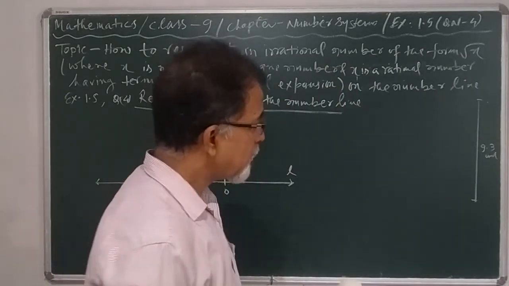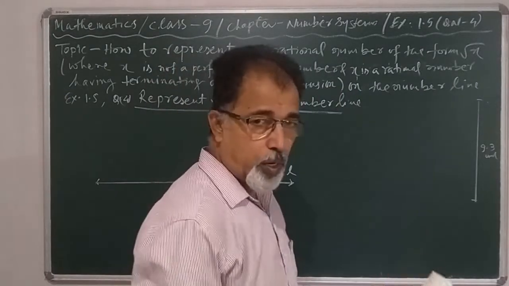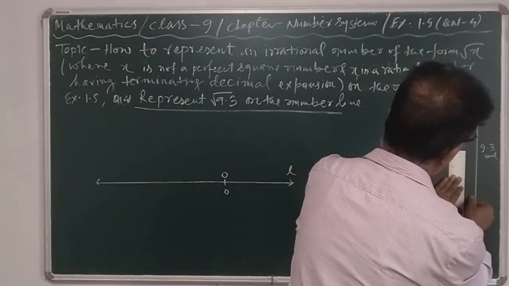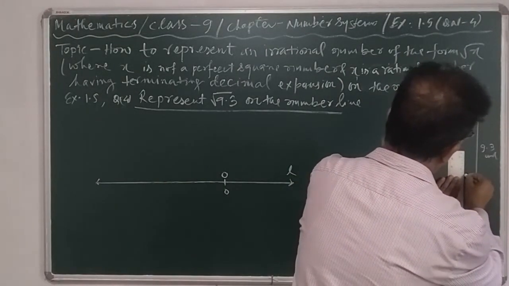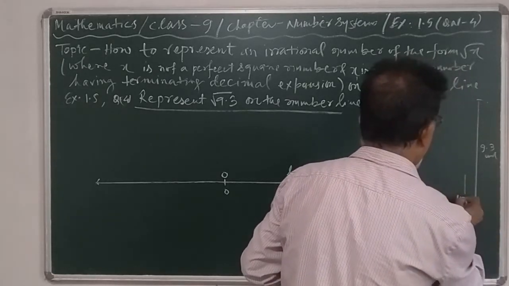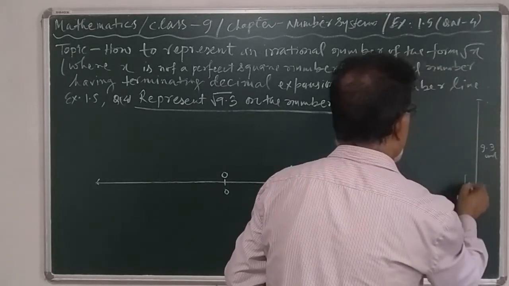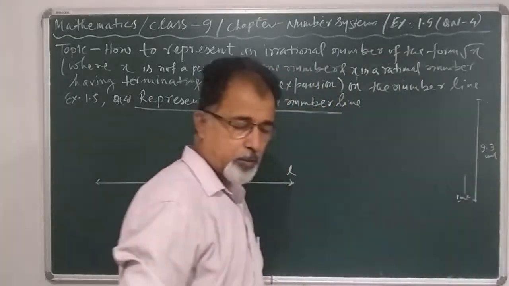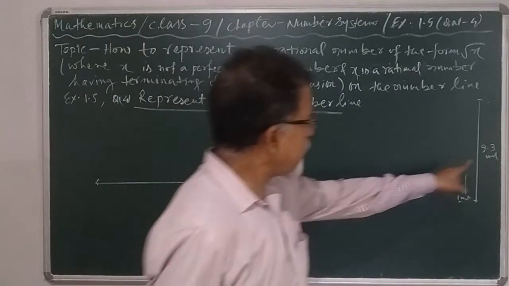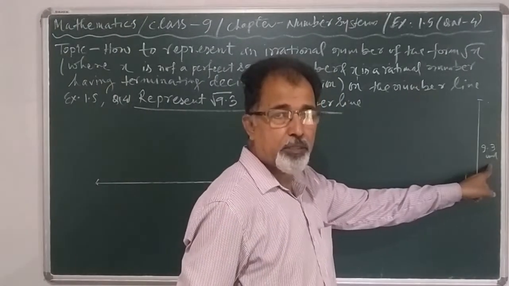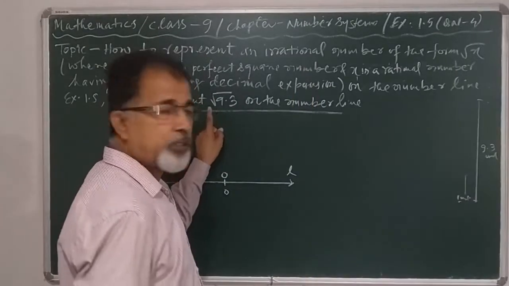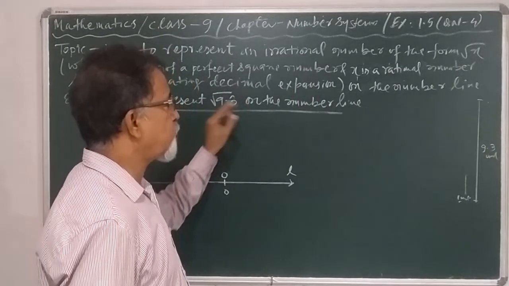and one more line segment whose length is 1 unit. This is 9.3 unit because we are going to represent root over 9.3 on the number line.